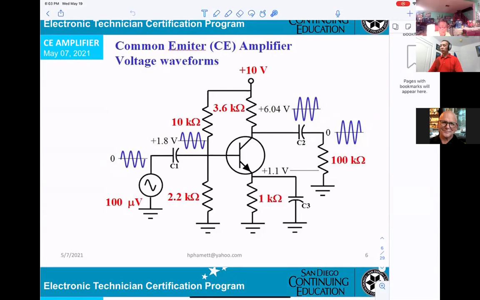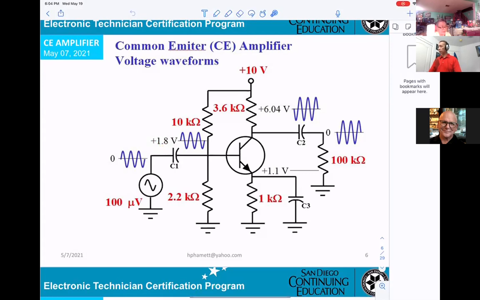Okay. Also at this point right here, at the base, you get two signals, not one: one sine wave and one 1.8 volt DC. So if you want to measure this sine wave here, your oscilloscope must be set to AC coupling, so you cannot see any DC voltage.